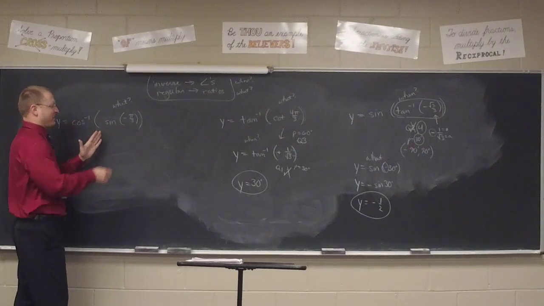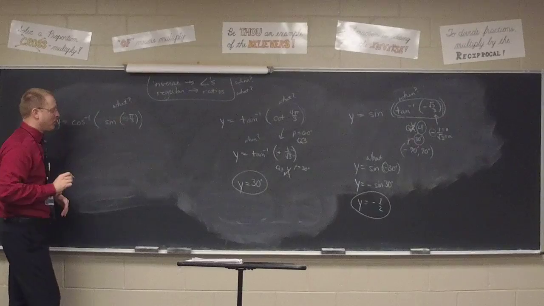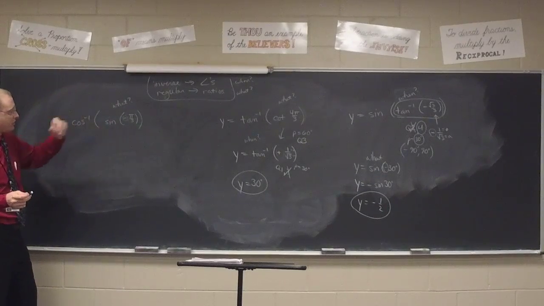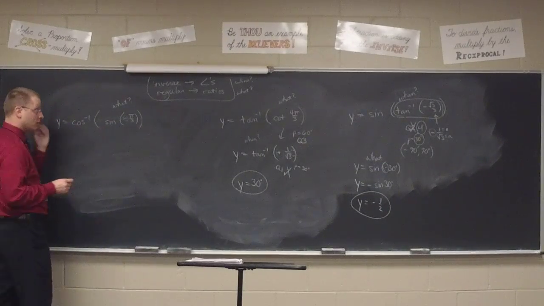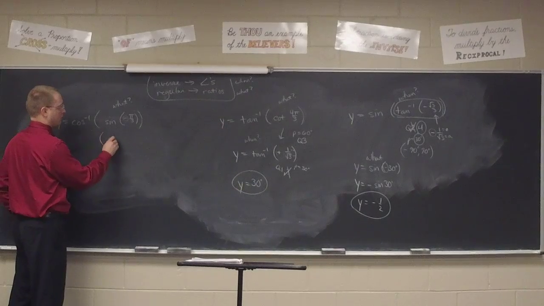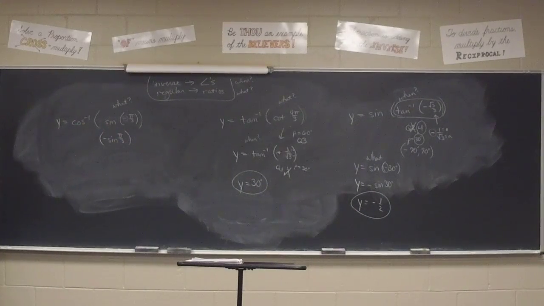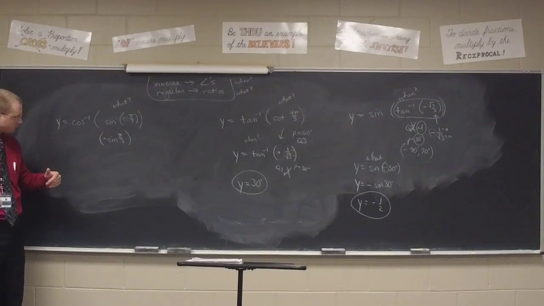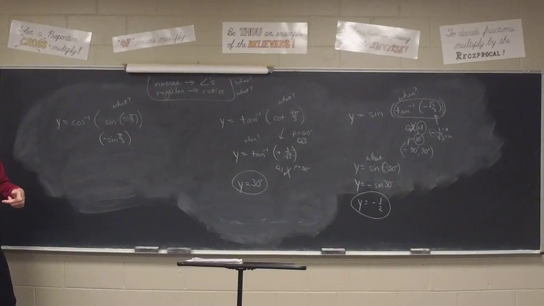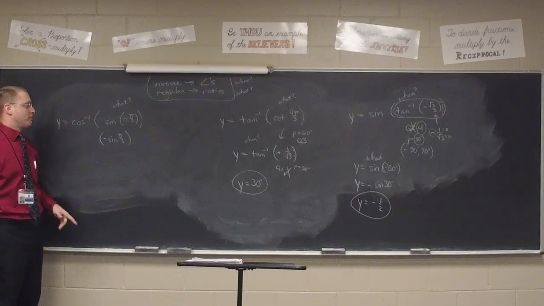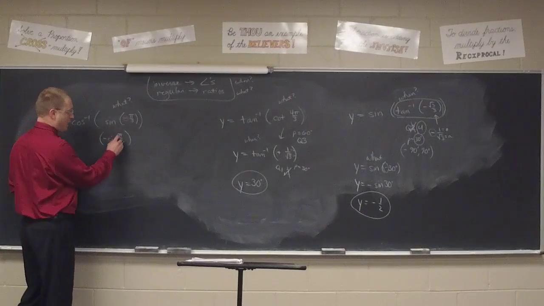I've got sine of a negative angle, right? What do I do when there's sine of a negative? So negative sine of pi over 3. What do I do when sine is negative? Pull it out. By the way, what about cosine of a negative? It disappeared. But it's sine, right? It's an odd function. Then I ask myself, pi over 3.